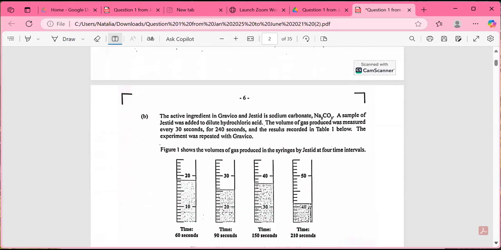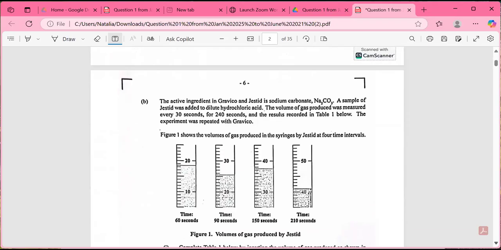All right, so the active ingredient in Gravitio is sodium carbonate. So that's what we're using to neutralize it.